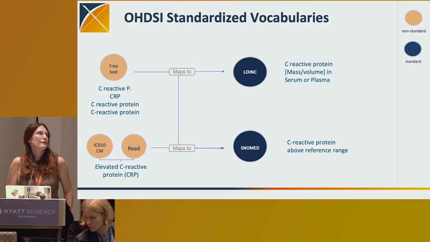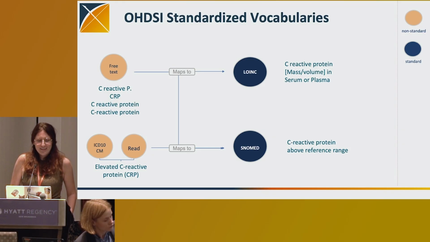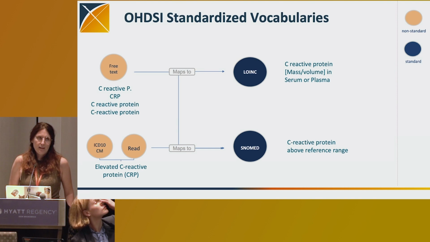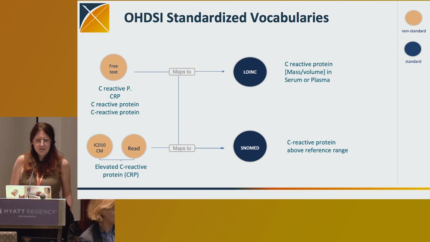There may be acronyms, there may be fully defined terms, but with different spelling, with dash, without dash, and so on. And also, your source data may be recorded using commonly used terminologies such as ICD family vocabularies or READ. So we map them all to standard vocabularies.